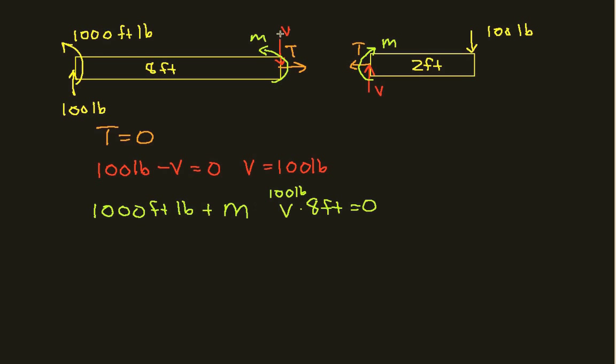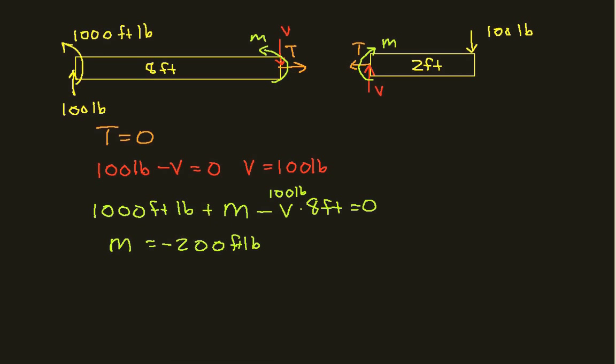This force here is pushing in such a way to make the moment clockwise. And, okay, yeah, this is right. So I have 1,000 foot-pounds minus 800 foot-pounds, M plus that, is equal to 0. I can solve this and get M is equal to minus 200 foot-pounds. Okay, so that basically now gives us the internal forces. Again, the reason we care about this is we know now what the shear force is at this point where we've done the cut, and we know what the bending moment is.